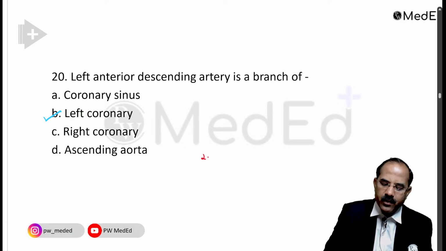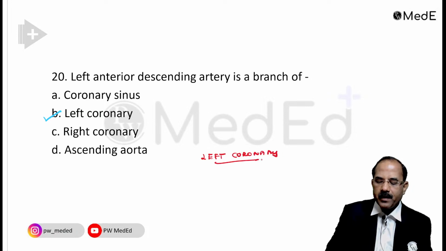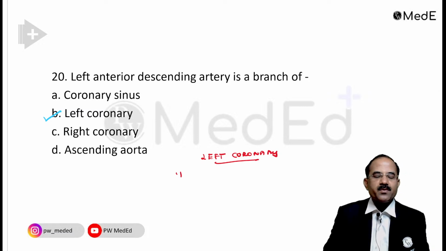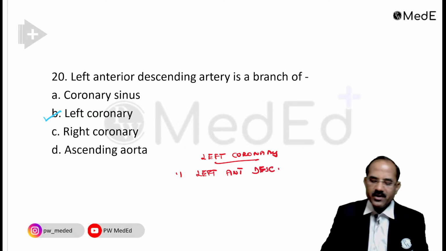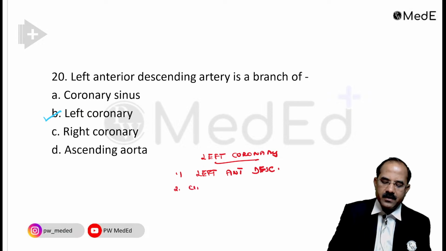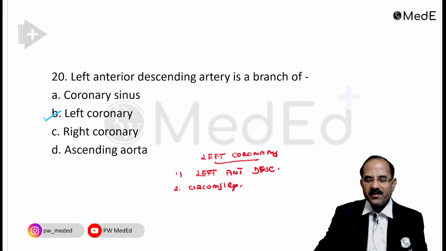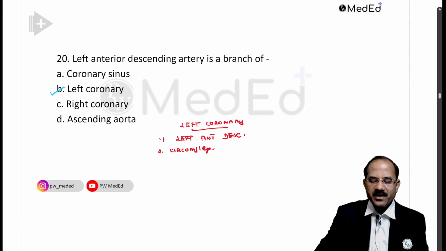So look, what will be the branches of the left coronary artery? There are two main branches. One is the left anterior descending branch. The second one is the circumflex branch of the left coronary artery.